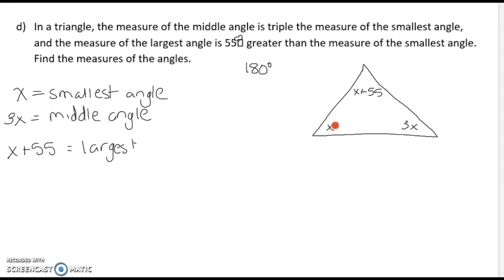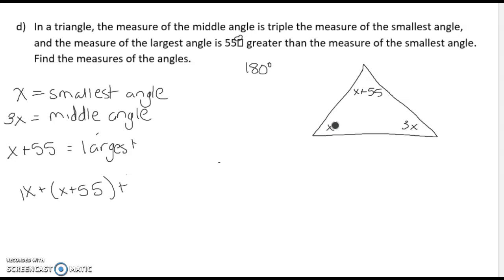This angle right here, we're going to have x. Okay, x. So we'll write down x plus, and that's just a 1x. Okay, and then we're going to do plus x plus 55. Plus our last one is 3x.